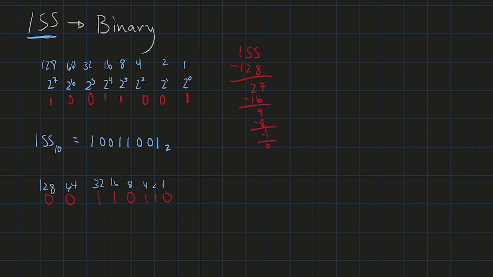And we simply add up everywhere where we see a 1. So 32, 16, 4, 2. We'll get 54.